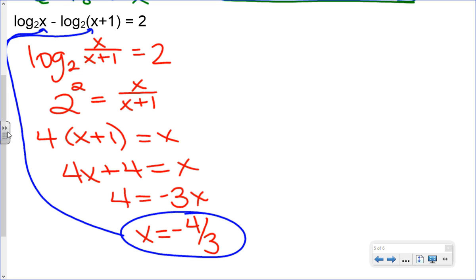What if it's just one? It's still not okay. If it makes one logarithm negative inside, it doesn't work. Algebraically, we get an answer with this linear equation, but we can't actually plug it into our logarithm, so we don't have a solution. There is no solution to this problem.